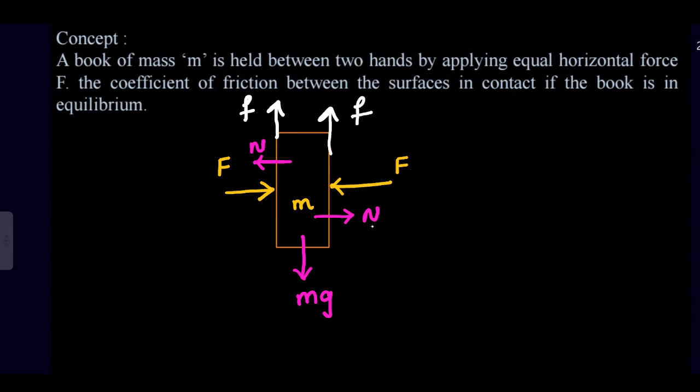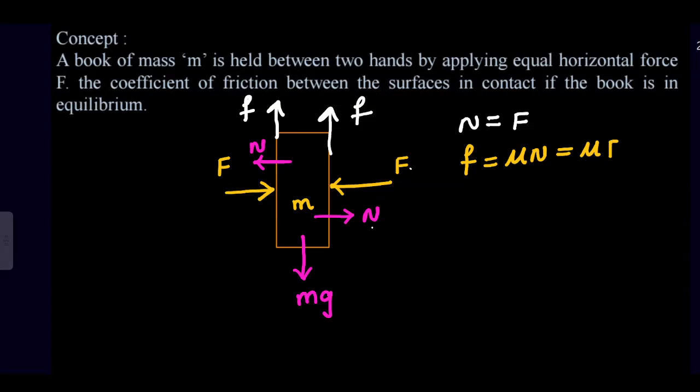That means this normal reaction is balanced by the force F. So the normal reaction N is equal to F. Then the frictional force is equal to mu into N, which is equal to mu into F.